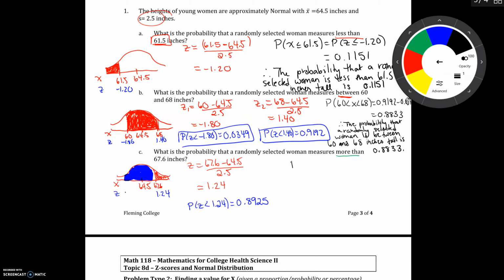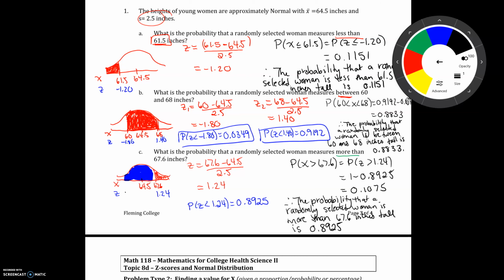So if we're looking for the probability that x is greater than 67.6, we're looking for the probability that z is greater than 1.24. Then for a greater than question, we're going to take the probability that we look up in the chart and subtract it from 1 to find the complement. So our answer is 0.1075. To finish the question, I write my therefore statement.